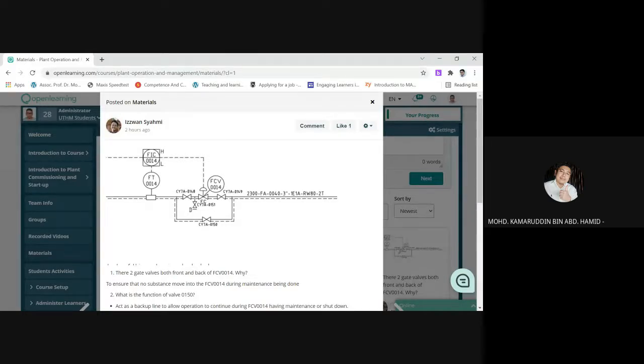HAZ for hazard and OP for operability. When you're talking about HAZOP study, you need to consider two parts. The first part is on the hazard, more on the safety. And after that, you look at the operability.